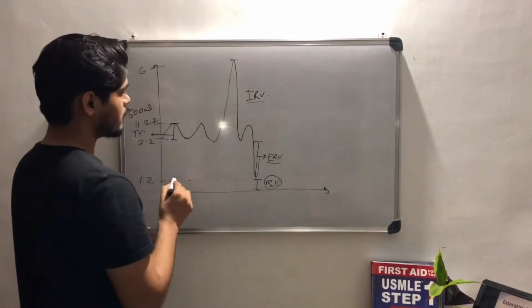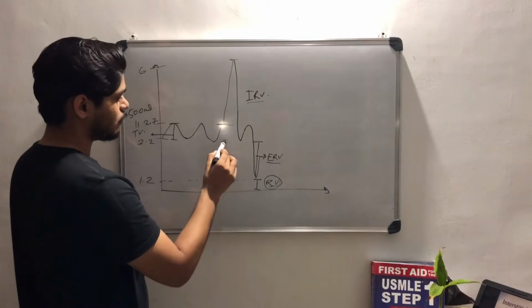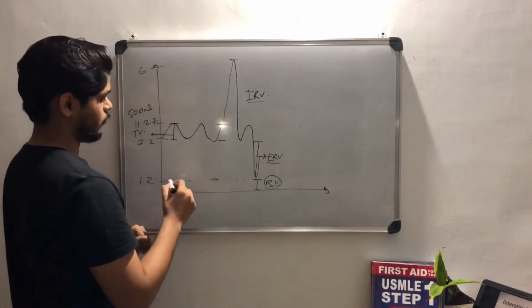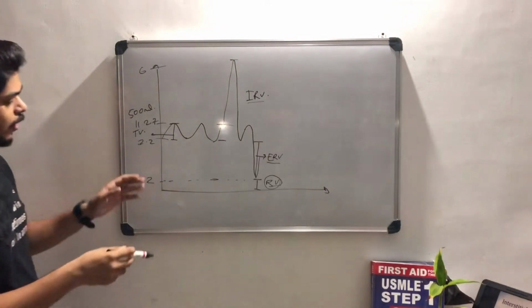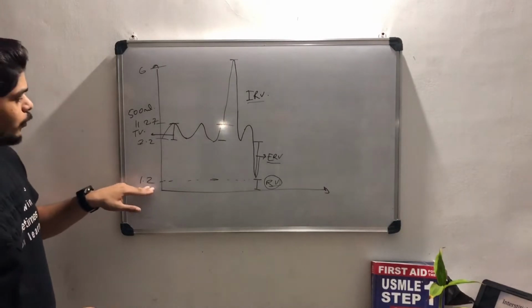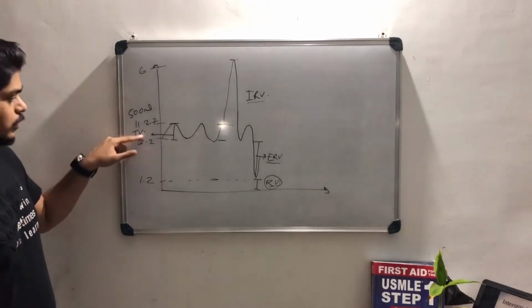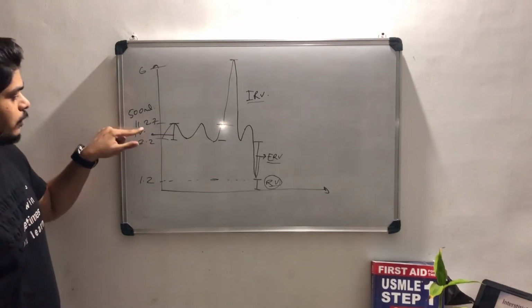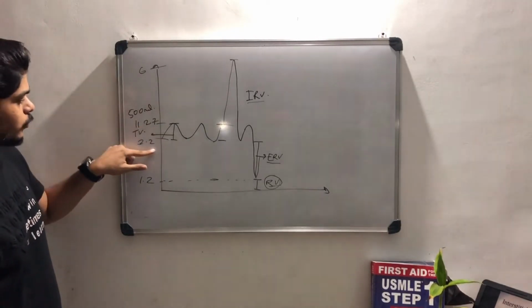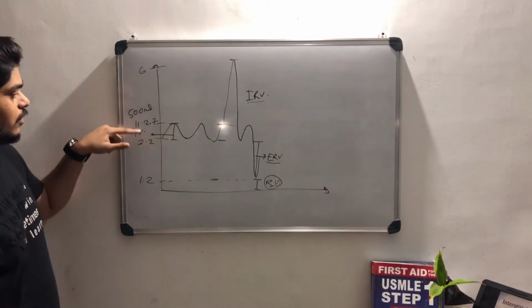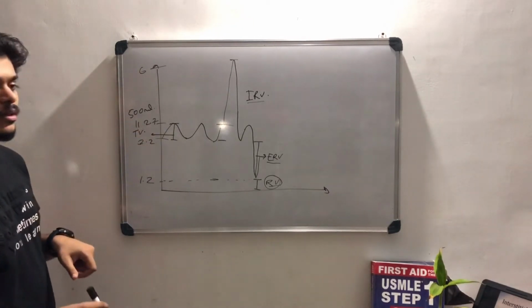So up to here it is 6, then 2.7, 2.2, 1.2. Then we can calculate: 2.2 minus 1.2 is 1, and 2.7 minus 2.2 is 0.5.